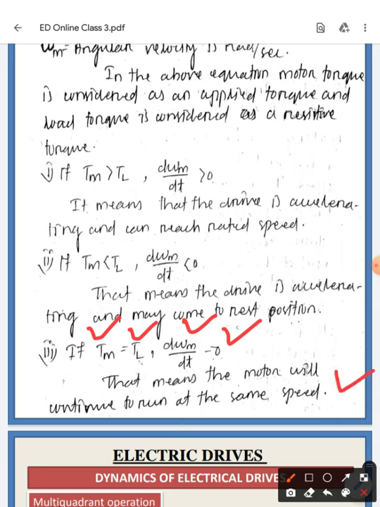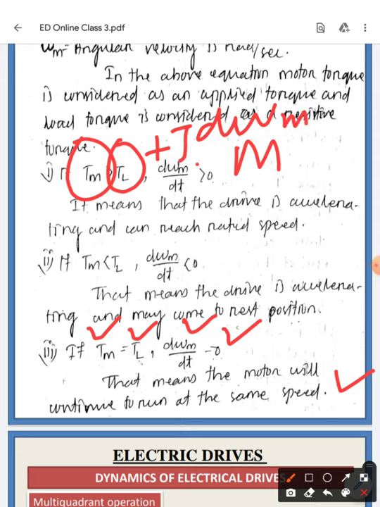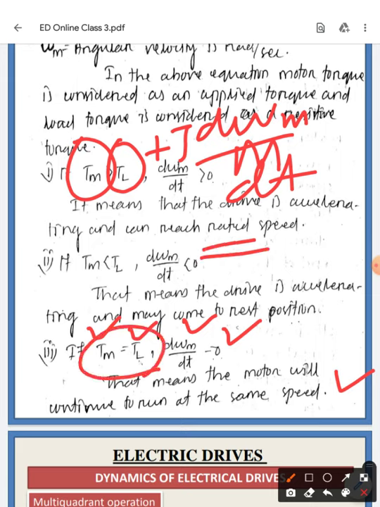Okay, but for the starting of any motor, during the starting, this motor torque should overcome the load torque plus your inertia and the rate of change of your angular momentum. Then only we can drive any kind of system. Once the drive reaches the rated values, now we can apply Tm equal to TL.